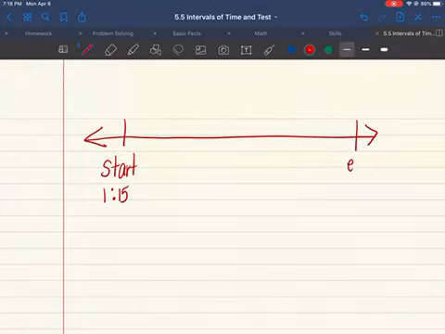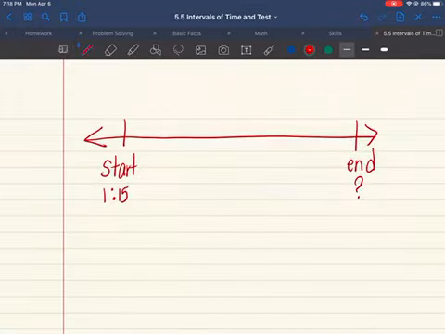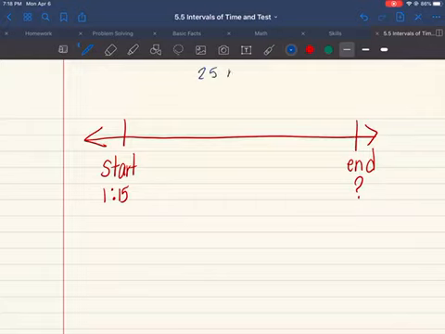And I do not know my end time. That's what I'm looking for. But I do know that it took 25 minutes. So if I start at 1:15 and I add 25 minutes, what would be my end time?